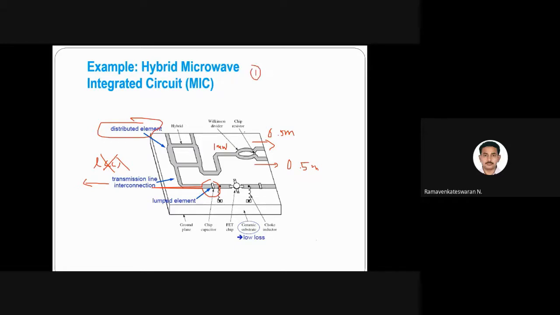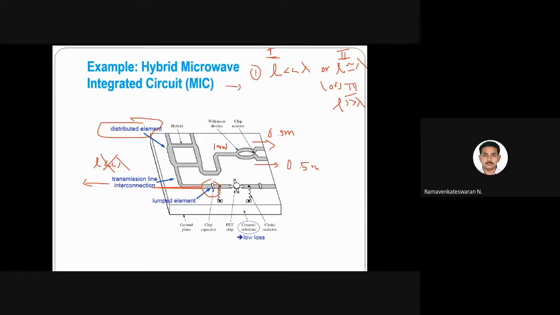For example, the lumped element is where the length is very small compared to lambda, this is the first case; the second case, the length is comparable to lambda; the third case, the length is very high, greater than lambda. So these are lumped elements. What should be the answer, first, second, or third? Okay, you just put it in the chat.